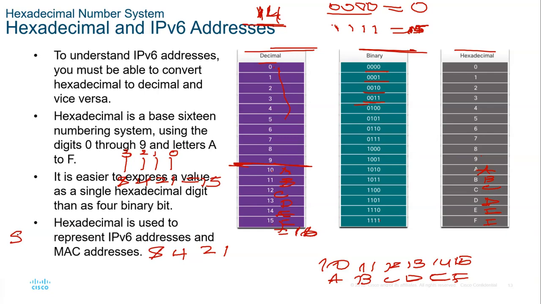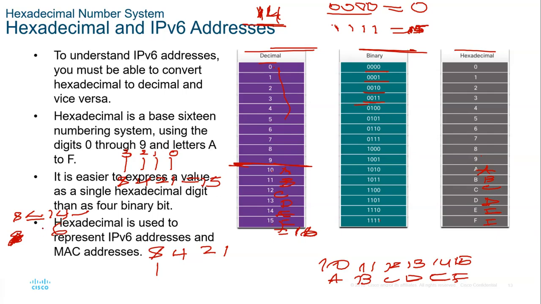There are two ways we can compare this, by saying, is 8 less or equal to 14? The answer is yes. So if it's yes, you record the 1, subtract this from this, and you will remain with a 6.